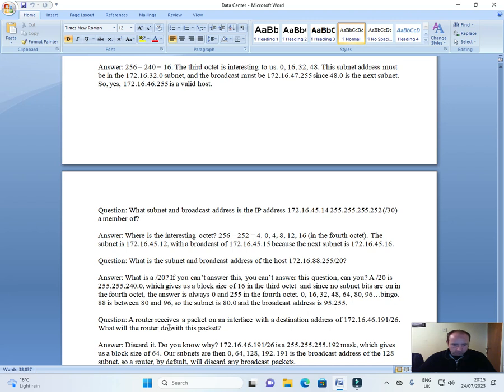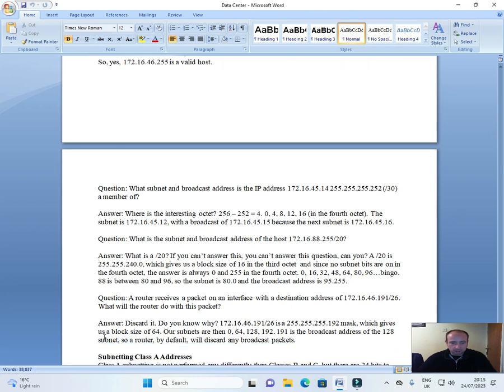Question: a router receives a packet on an interface with a destination address of 172.16.46.191/26. What will the router do with this packet? Answer: discard it. Do you know why? 172.16.46.191/26 is a 255.255.255.192 mask, which gives us a block size of 64.